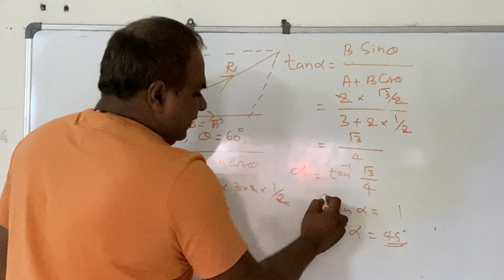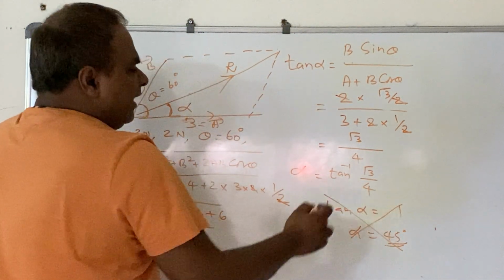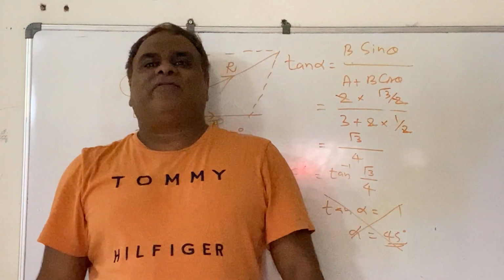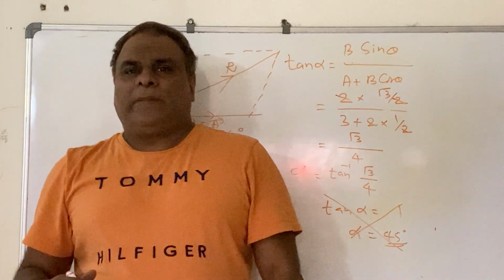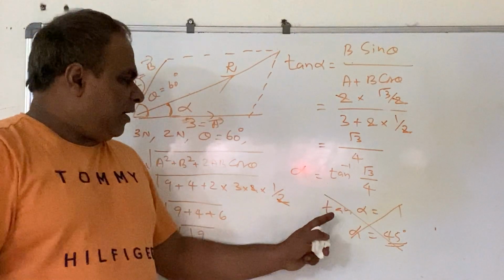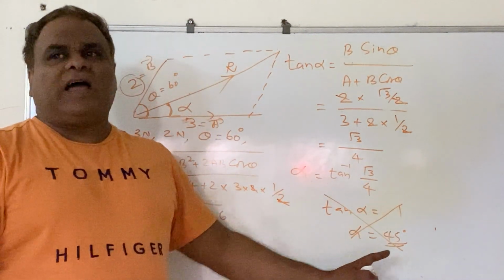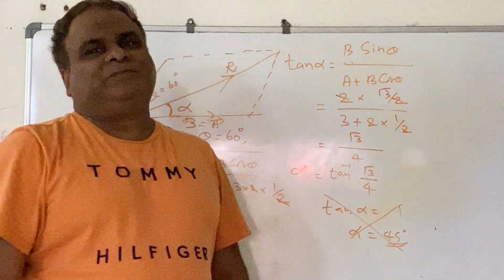But we didn't get like that. So we will write alpha is equal to tan inverse root 3 by 4. You will learn inverse trigonometric functions in math. But if you get tan alpha is equal to 1, then directly you will write alpha is equal to 45 degree.